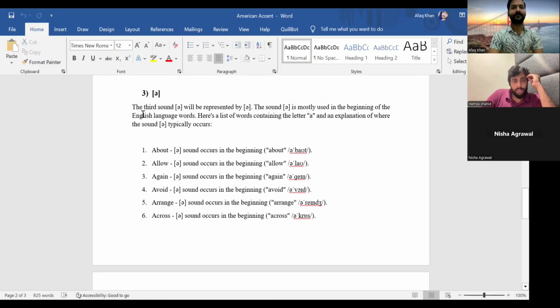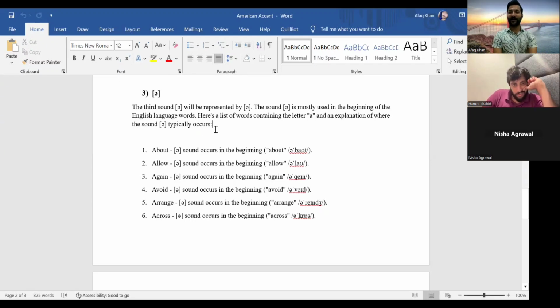The third sound, schwa, will be represented by schwa. The sound schwa is mostly used in the beginning of English language words. Here's a list of words containing the letter A and an explanation of where the sound typically occurs.